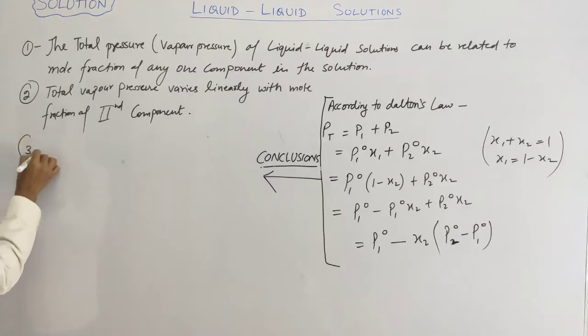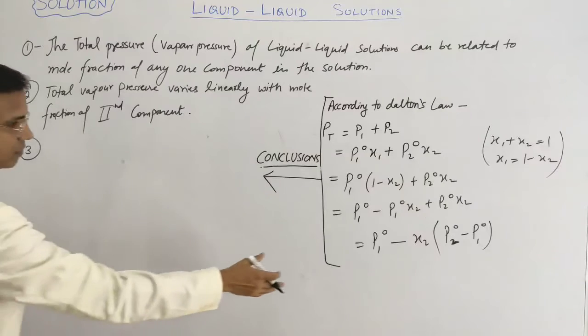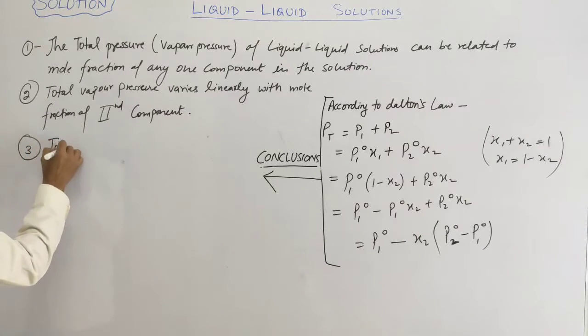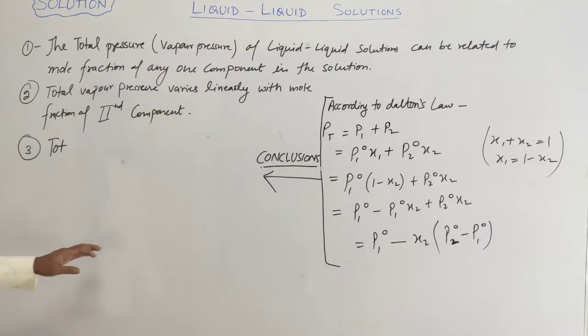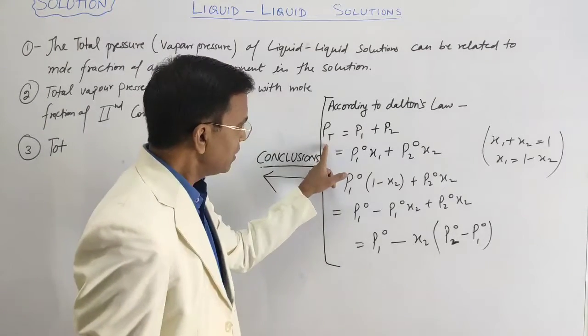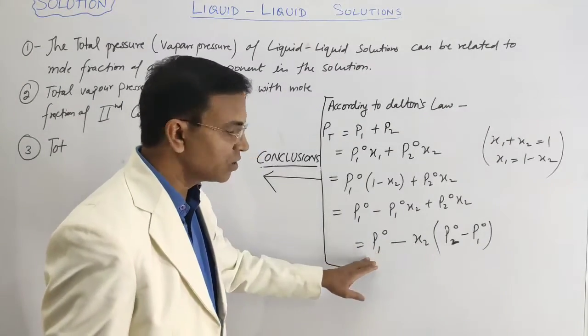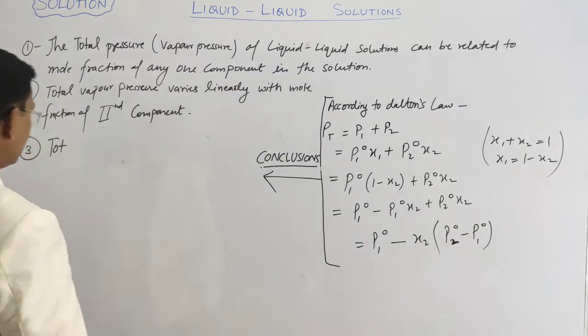Now the third point, which we concluded from this equation, is the total vapor pressure increases or decreases with the mole fraction of the second or mole fraction of the first component.